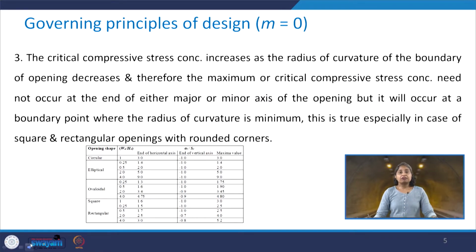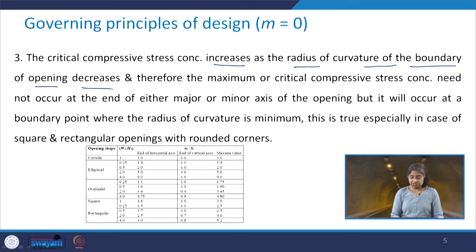Then the critical compressive stress concentration increases as the radius of curvature of the boundary of the opening reduces, and therefore the maximum or the critical compressive stress concentration need not occur at the end of either the major or the minor axis of the opening, but it will occur at a point on the boundary where you have the radius of curvature as the minimum.